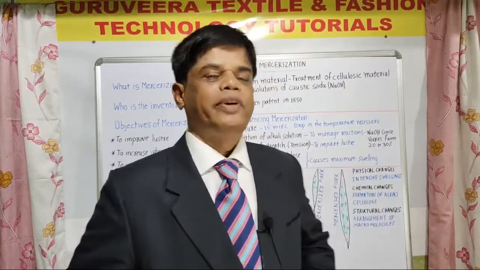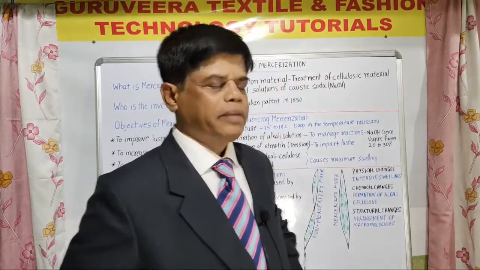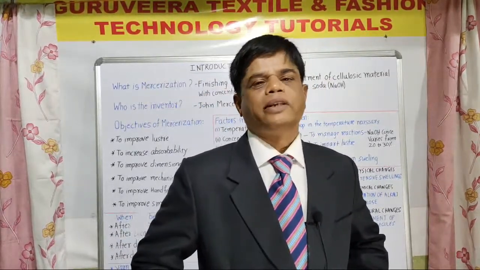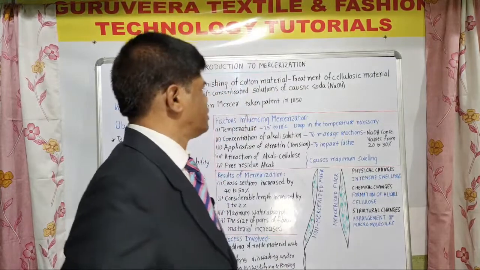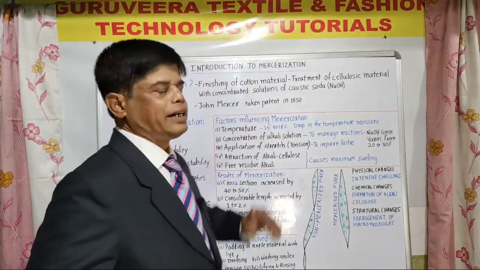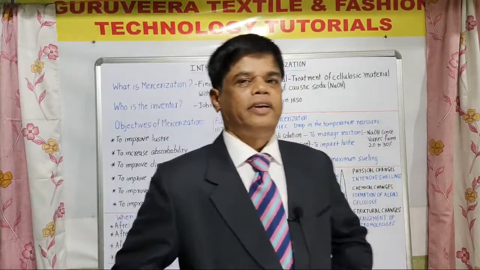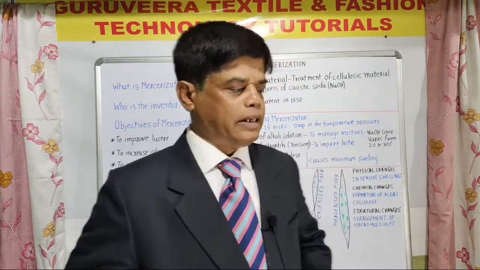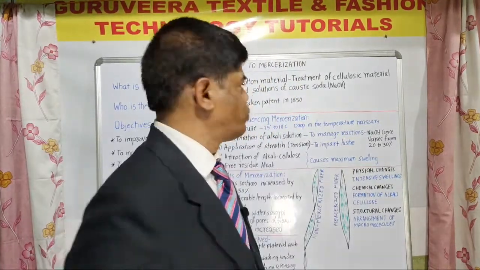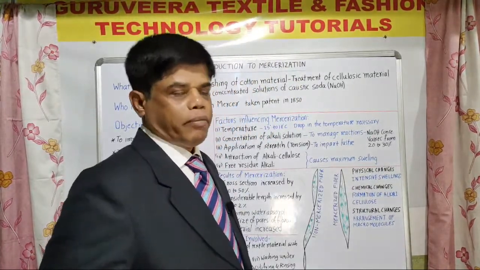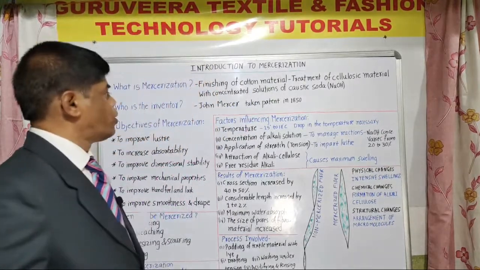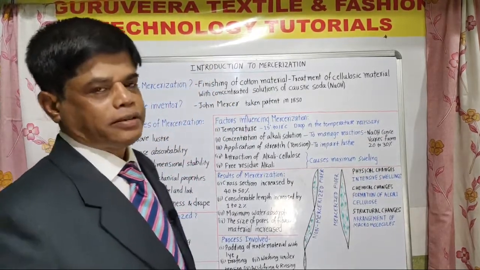Who has done many experiments on textile cloths to get something new. By that invention, he came to the conclusion and got it patented. That is the new innovation in the textile industry that happened in 1850 by the printer, John Mercer, the chemist.